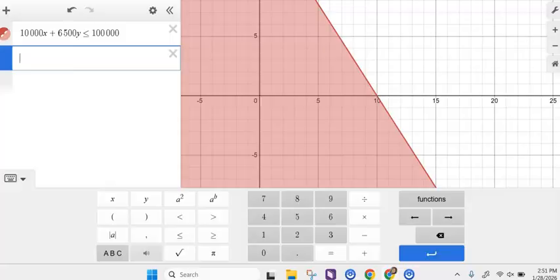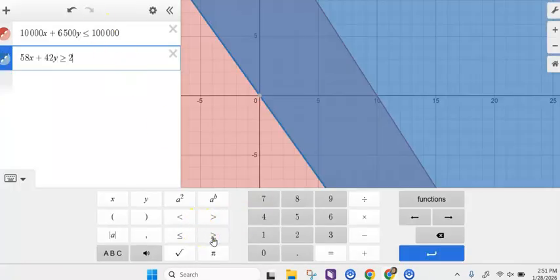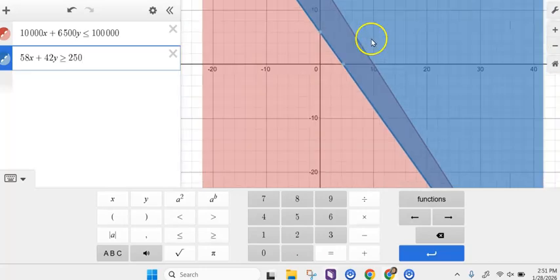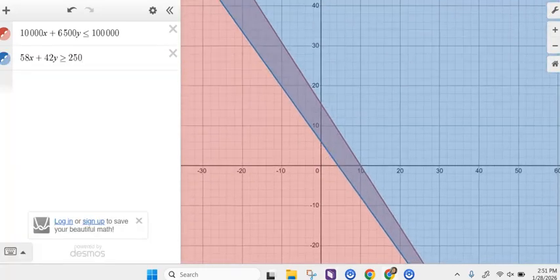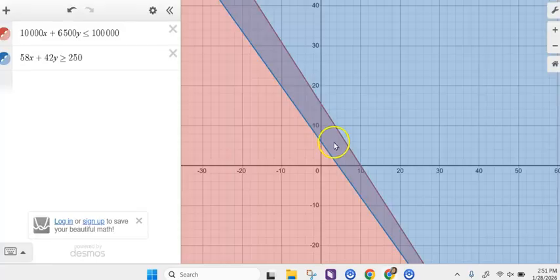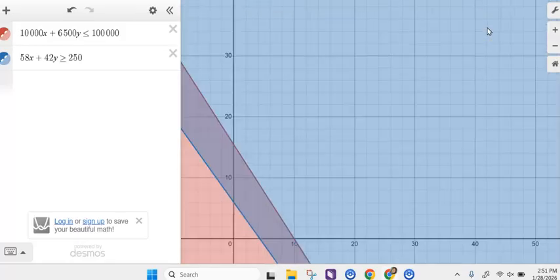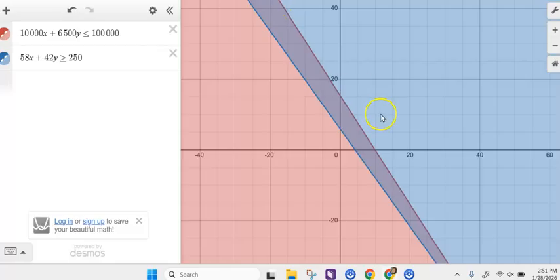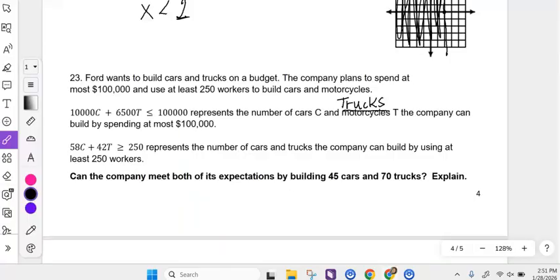And then the next one is 58x plus 42y is greater than or equal to 250. So what it's asking is for 45 cars, 70 trucks. 45 cars is over here, and 70 trucks is all the way up here. So that would not be a solution. So your answer would be no.